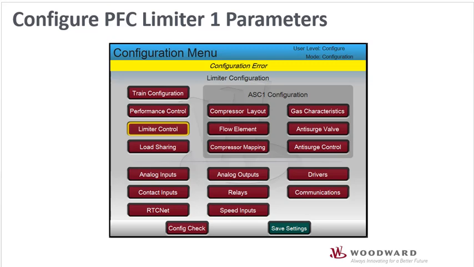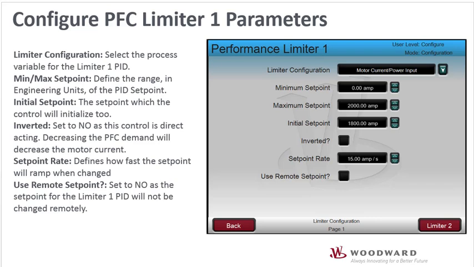Next we can get into the limiter control. So back on the configuration menu, once performance has been selected to be used, the limiter control and the load sharing menus become available. So we can go in and configure our limiter. We know we're going to want to set up a limiter on the motor current, so we will select that from the drop-down list.